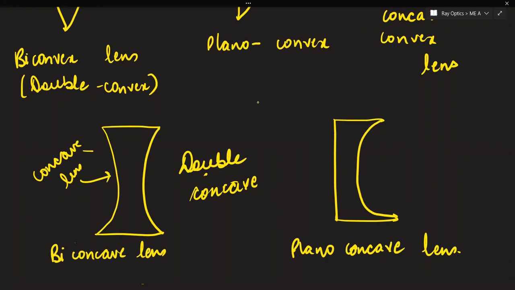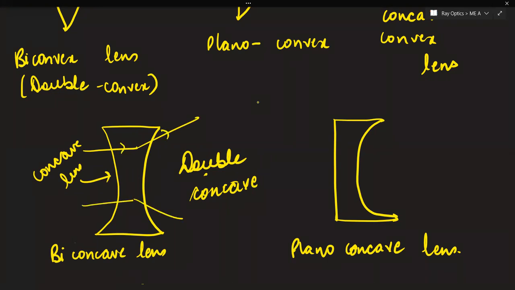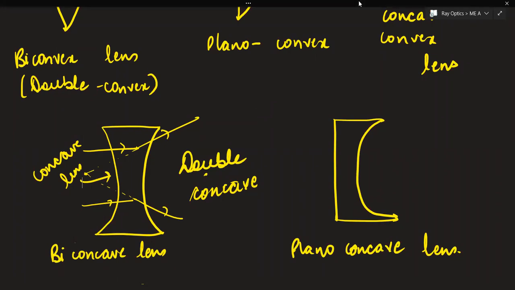So how do we say image is formed? Suppose this has diverged the rays like this. You extend it, you produce it, and see where the image is formed. We had a specific name for such kinds of images. Remember? If such kinds of images are there, what do we say?